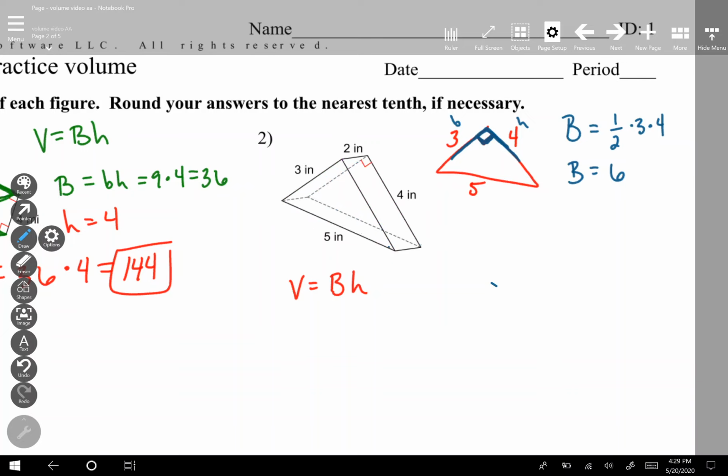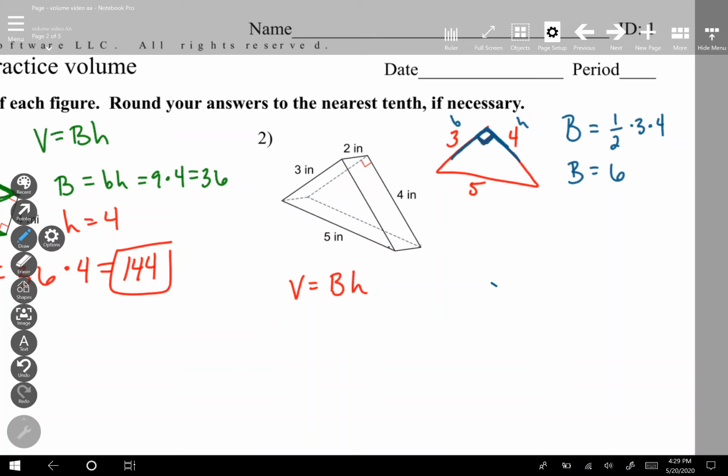So 1 divided by 3 times 30 times 9, press enter, and we get 90. It's inches cubed. Okay, just remember on the quiz, don't type in the units, just the number.